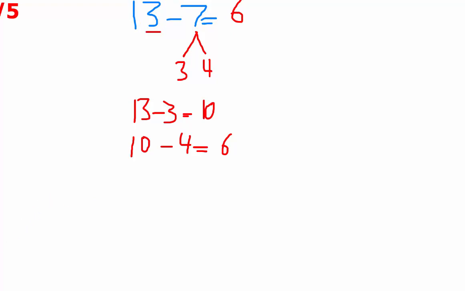One more time. When I say 15 minus 8, 15 take away 8. Okay, Miss Iman, we know step number 1. Step number 1, I will break 8 into 2 parts.